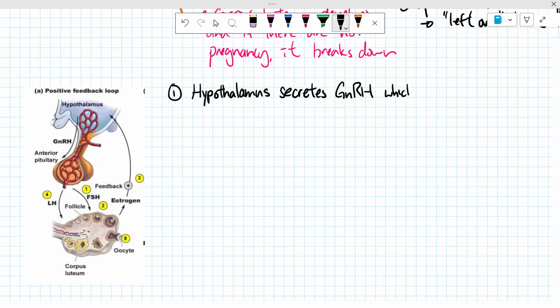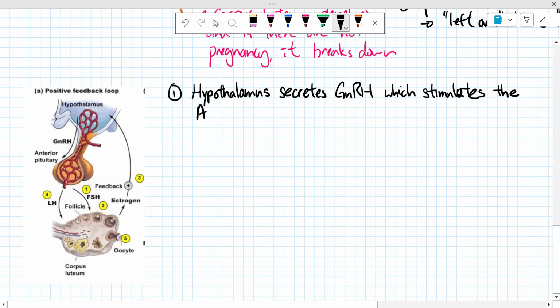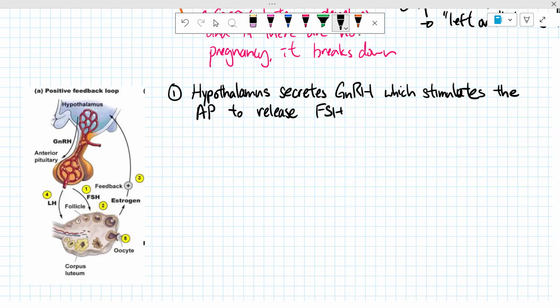GnRH stimulates the anterior pituitary gland to release FSH and LH.